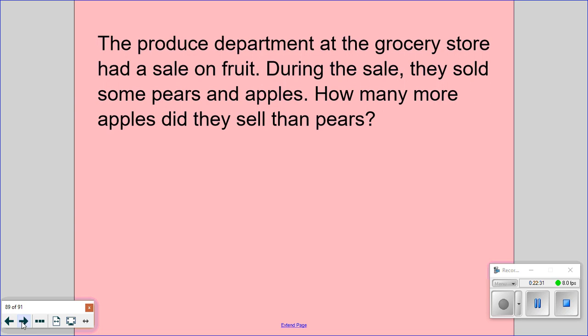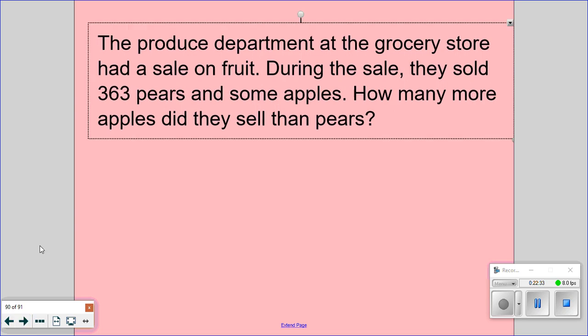Let me give you some information. Produce department at the grocery store had a sale on fruit. During the sale, they sold 363 pears and some apples. How many more apples did they sell than pears? What would be a guess as to how many apples they sold? Eva, you got a guess?